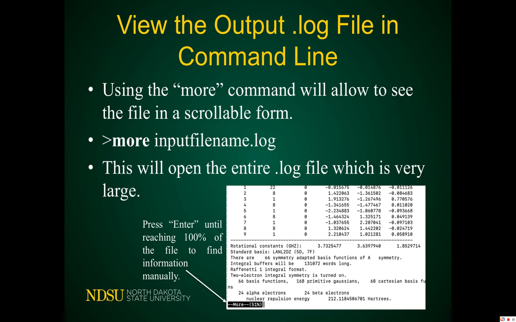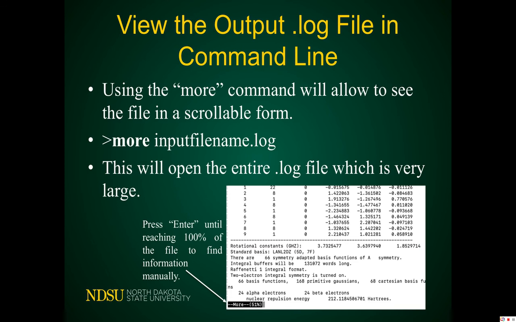There it is. So the first step would be to actually view the output file in your terminal or mobile xterm. And this is done just by using the simple more command in order to open that .log file. And then after you enter more and then your file name, it'll expand within the command line as a very large file.